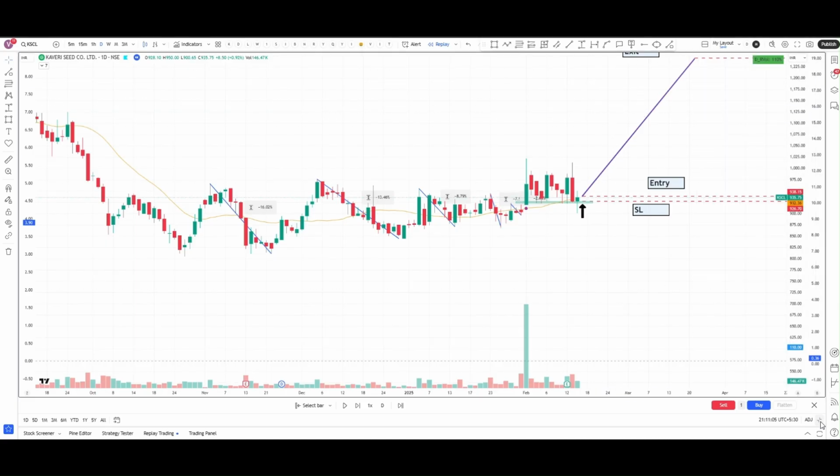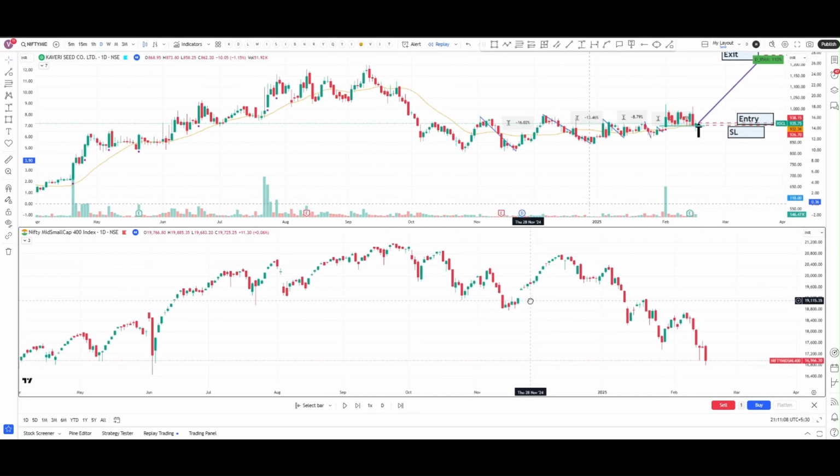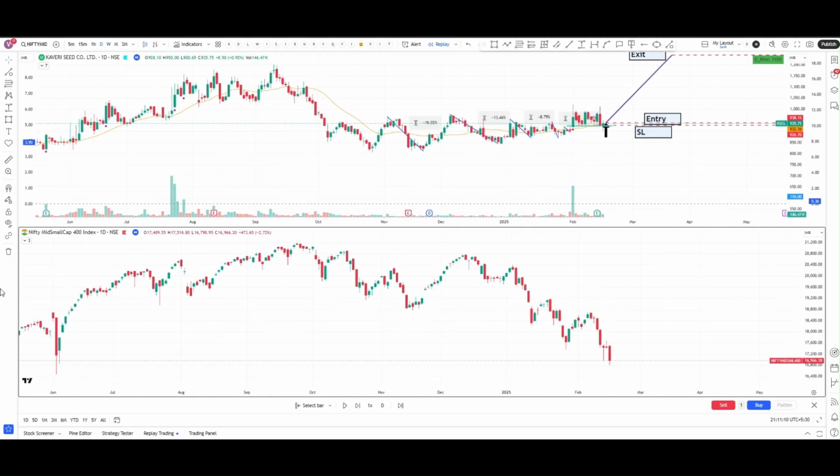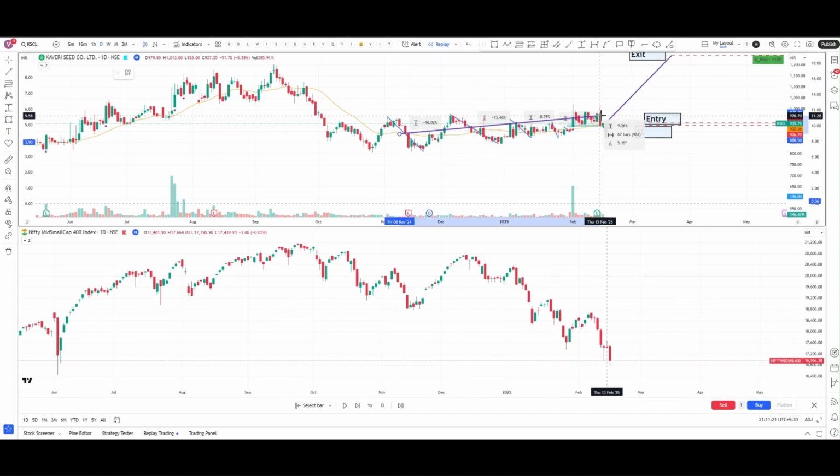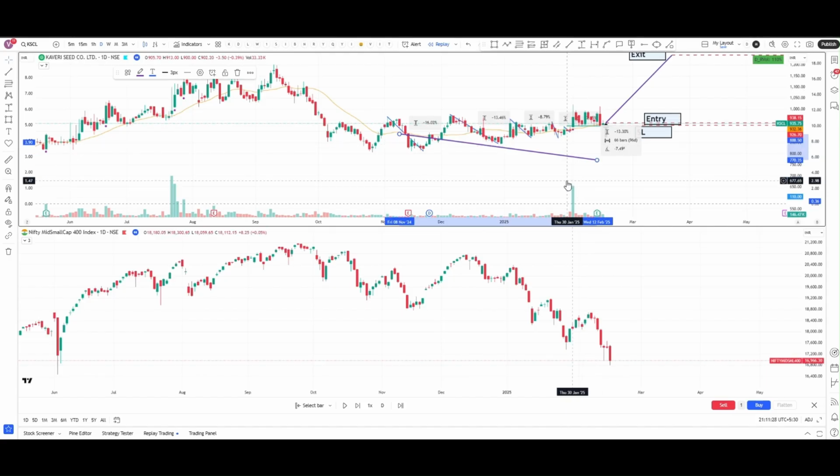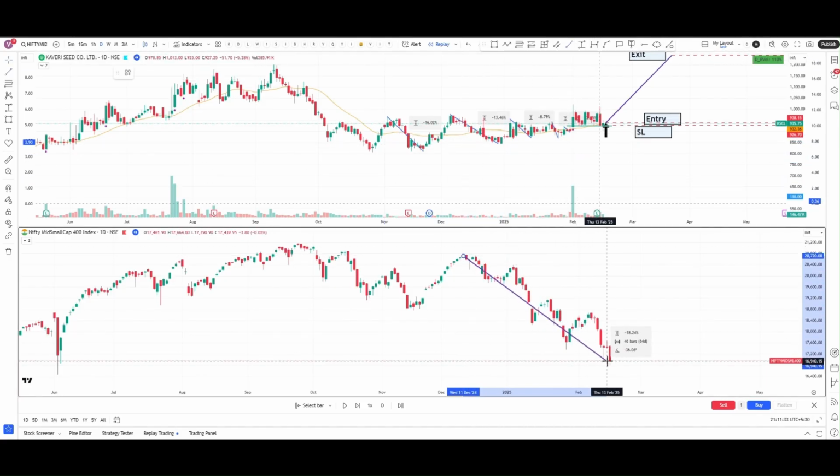You can see this is a chart of the index Nifty Midsmall 400. You can see that by this time, when this consolidation was happening beautifully in this particular region, the market was falling miserably. The market was in a complete downtrend.